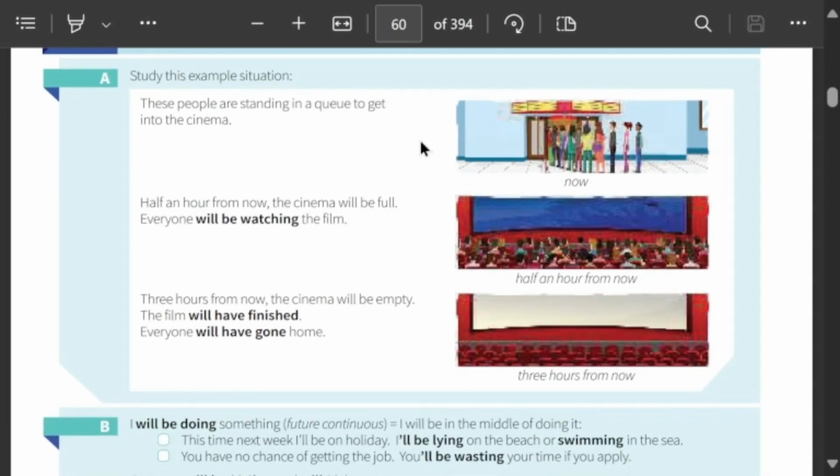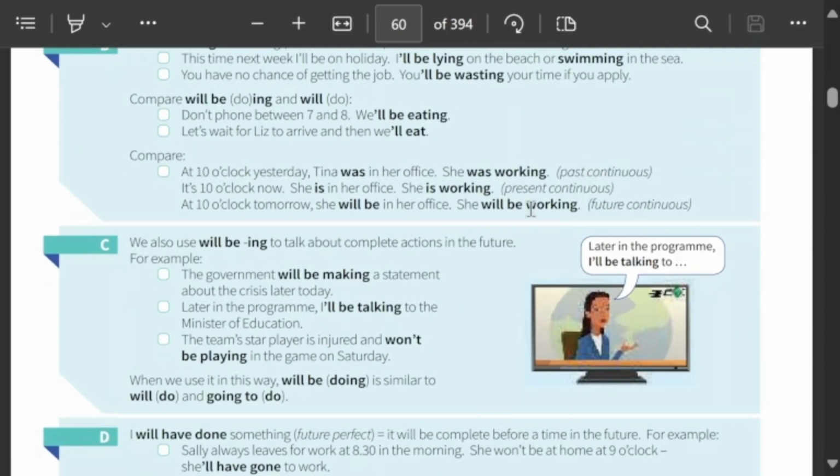Here, review it again. You see now these people are standing in the queue, right? Or here, I think it's very clear here. Past, present, and future continuous. You see? At 10 o'clock yesterday, Tina was in her office. This is in the past, with, you see, past simple. She was working. In the past, she was working. She was doing this action. But now we take the same situation and we put it in the present.